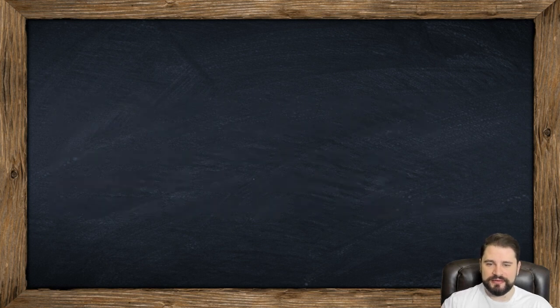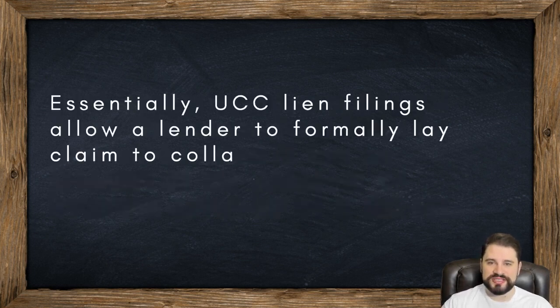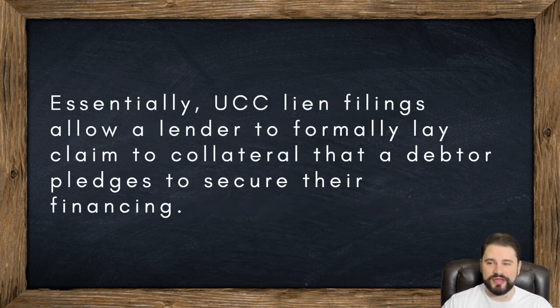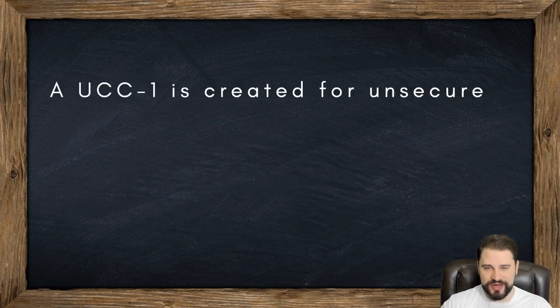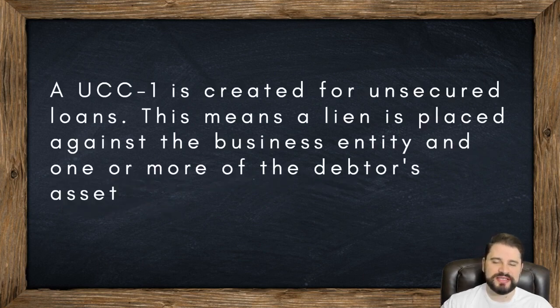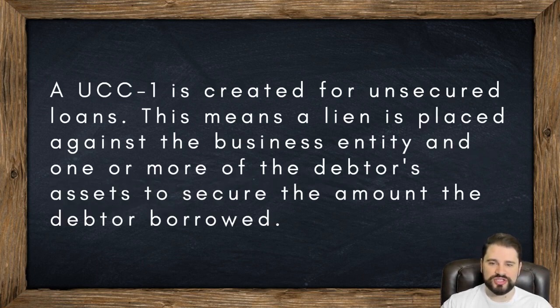Okay? And essentially, UCC lien filings allow the lender to formally lay a claim to collateral that a debtor pledges to secure their financing. Okay? But there's also loans, obviously, that we're providing that are unsecured, like a cash advance, right? So in that case, a UCC1 is created for unsecured loans.